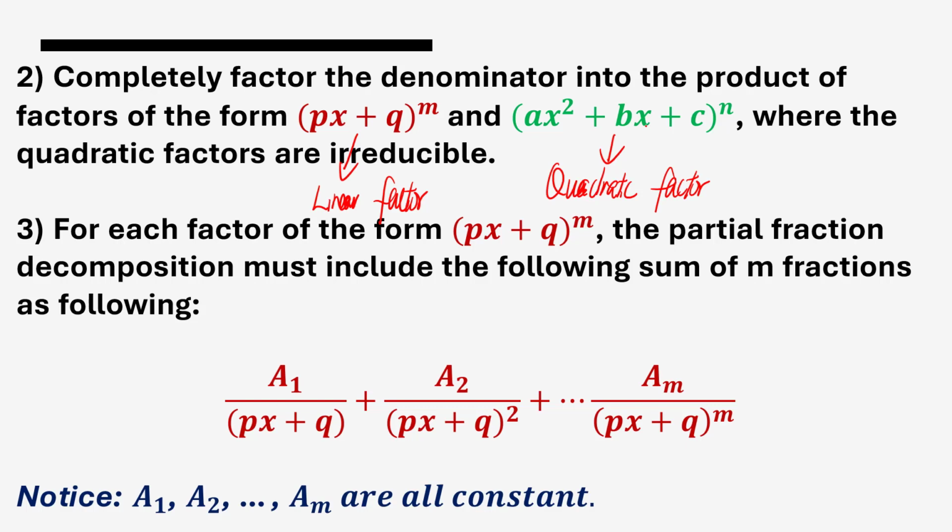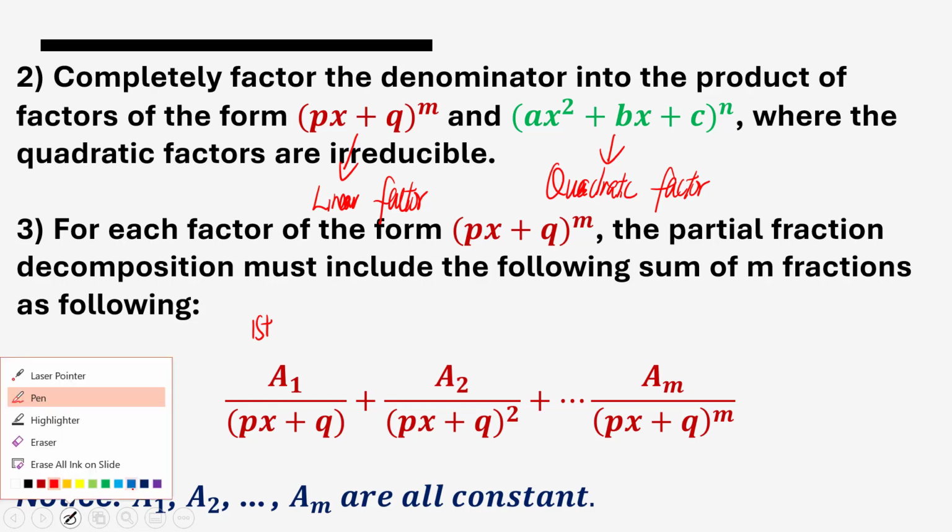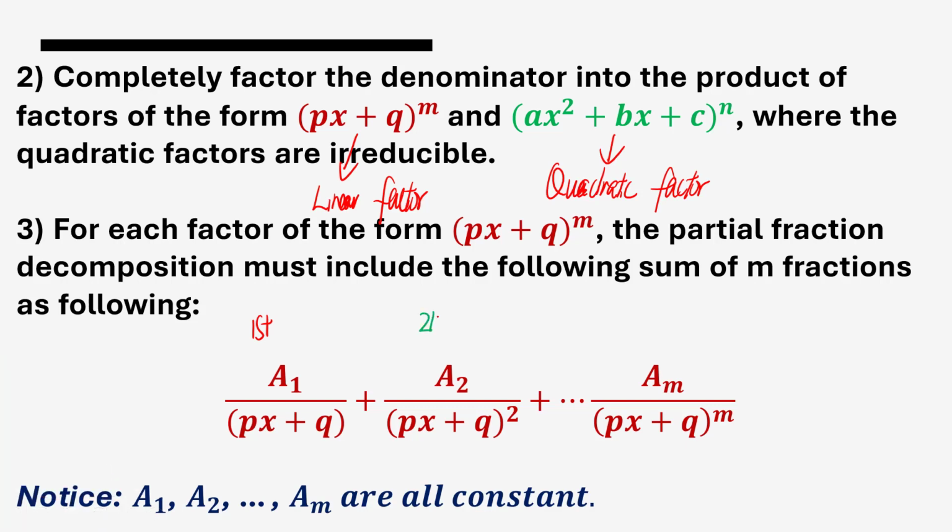We have a1 over px plus q, so this is the first term, and the second term is a2 over (px plus q) to the second power, and then the last term is an over (px plus q) to the n power. And here a1, a2, an are all constants.